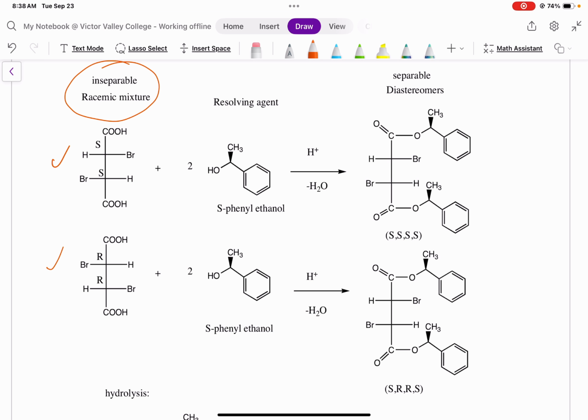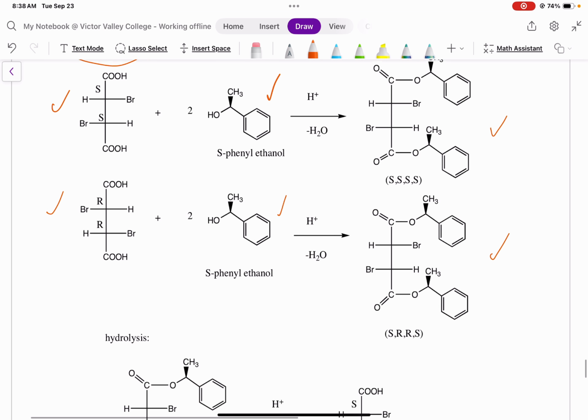So what you do, you combine them with a chiral reagent, and that creates, these two are enantiomers, racemic, so that's 50% of each enantiomer. When you convert them into diastereomers, they're really different, and then you can separate them.